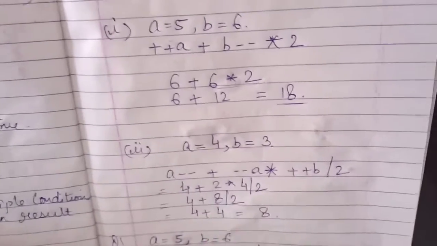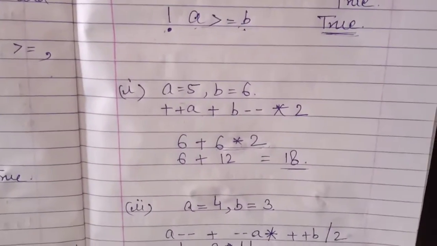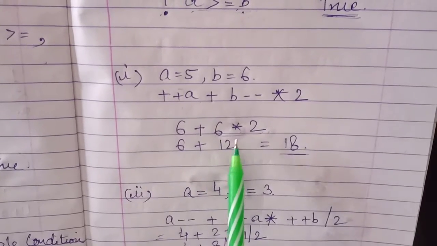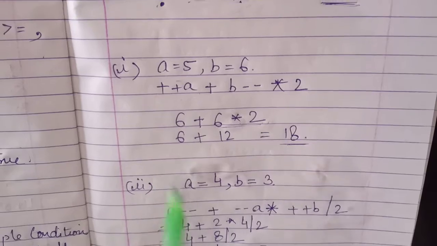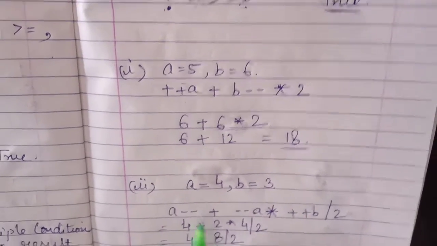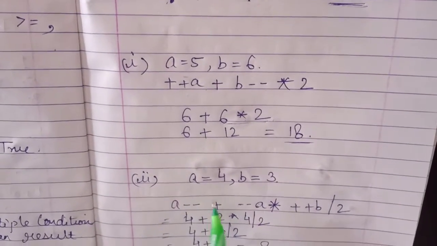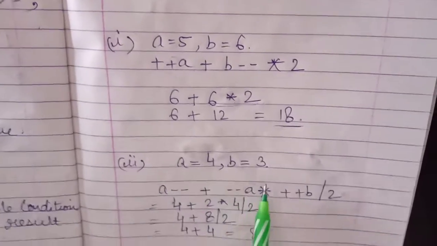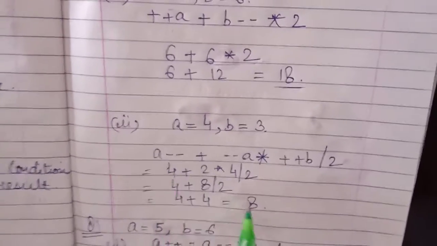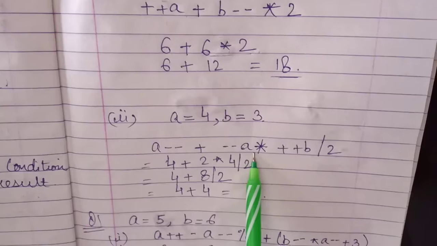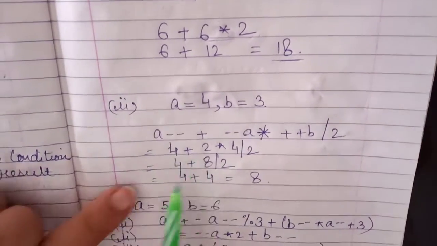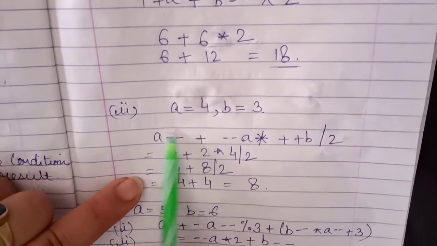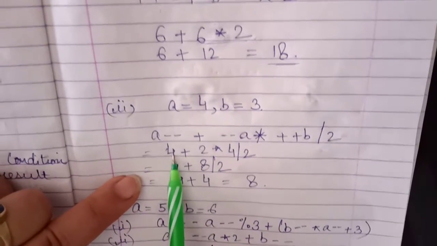Here in this, multiply, modulus and divide will be performed first and then plus and minus. You can see here next example, we have taken A is equal to 4 and B is equal to 3. A-- + --A * ++B / 2. Here A--, the value of A is 4, it will not decrease first, it will take the value as it is, 4.